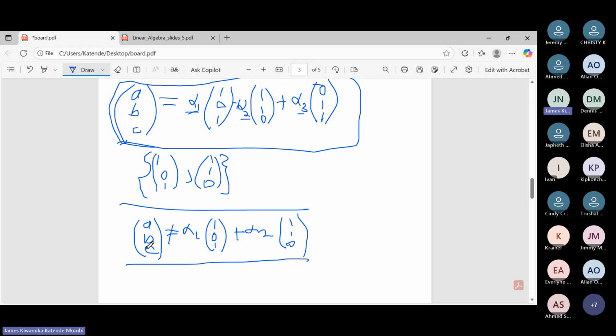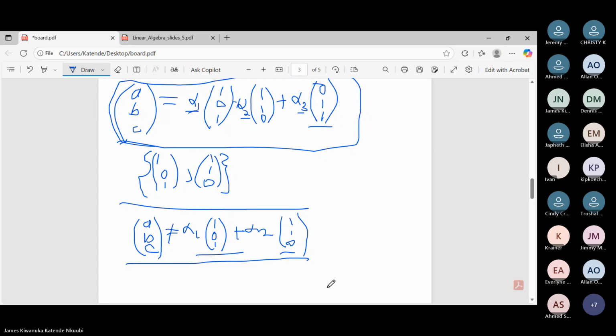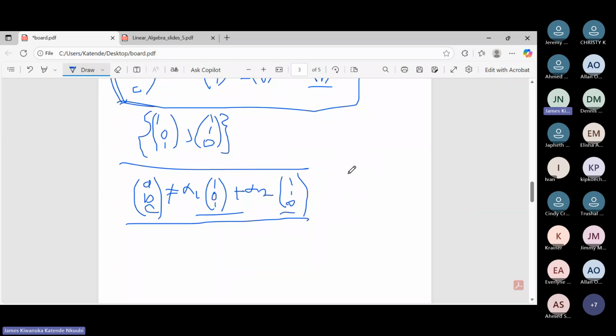Find a vector which cannot be written as a linear combination of these two remaining vectors. We have dropped one vector from the basis, and the remaining vectors show that you can find some vectors which cannot be written as a linear combination of these two. As a hint, you should try a vector like 0, 1, 2. You can show that this vector 0, 1, 2 cannot be written as a linear combination of this and that one.